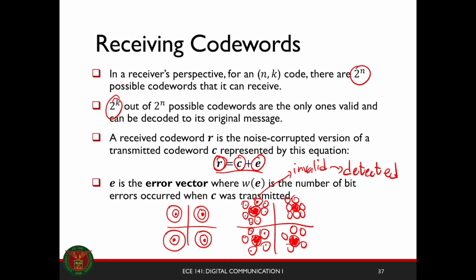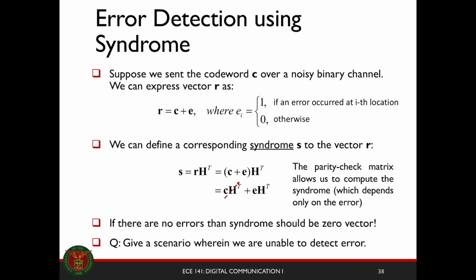So how we model that is, instead of looking at it in an analog representation such as this, your error can just be modeled as some term added to your transmitted code word. If we try to get its syndrome, we define the syndrome as your received signal multiplied by the parity check matrix transpose.